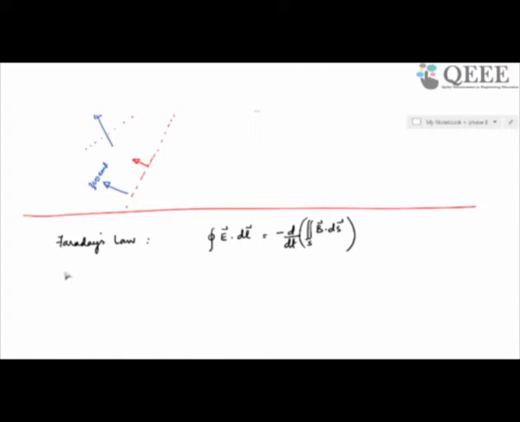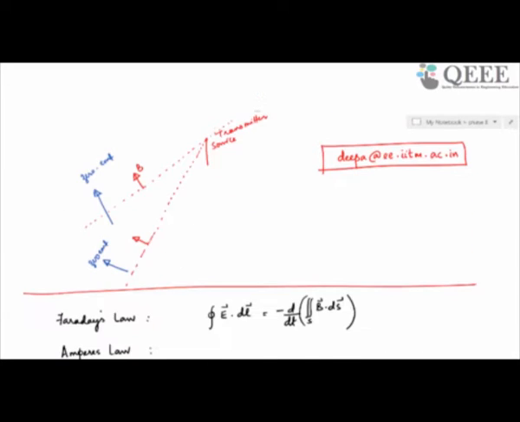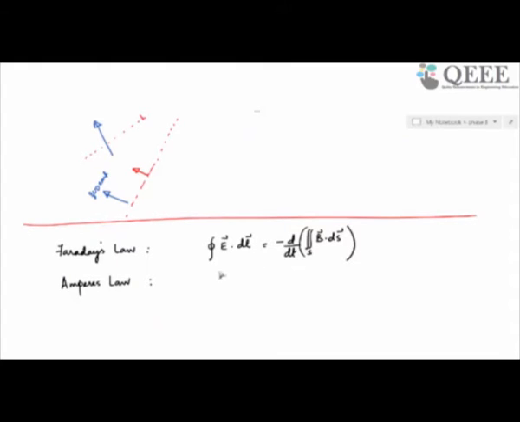We had also written down Ampere's law, and we discussed Ampere's law quite a bit yesterday, where we talked about conversion from electric field to magnetic field. So we talked about the loop integral H dot dl.